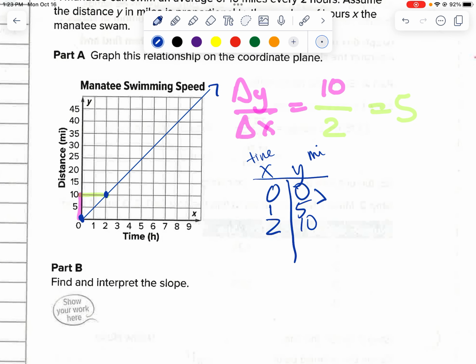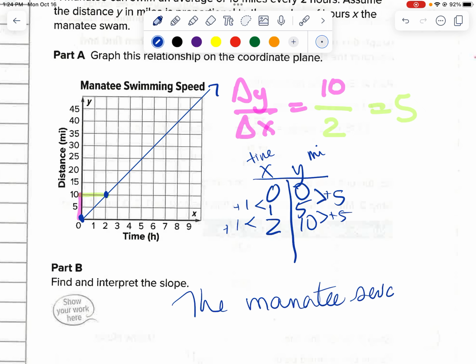You could then say this went up by 5, this went up by 5, this went up by 1, but it would still be the manatee swam 5 miles in 1 hour.